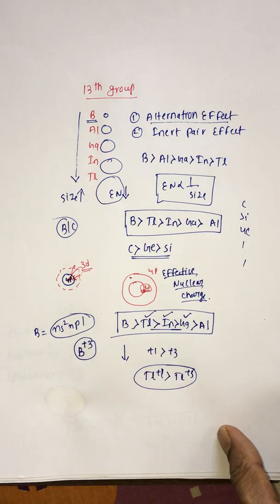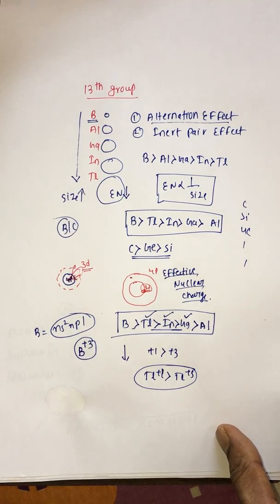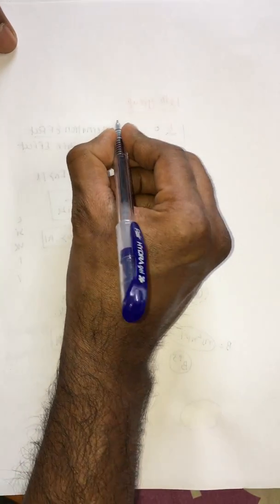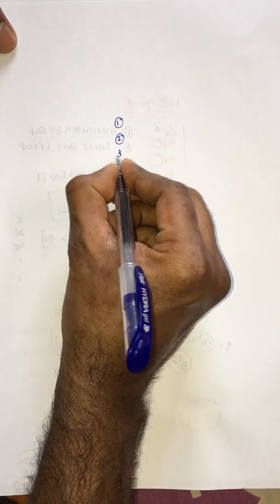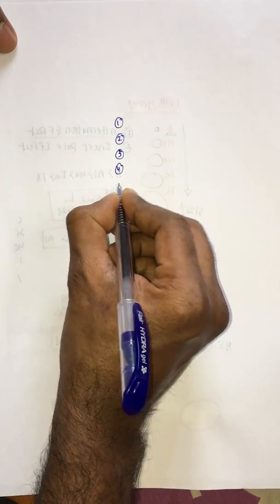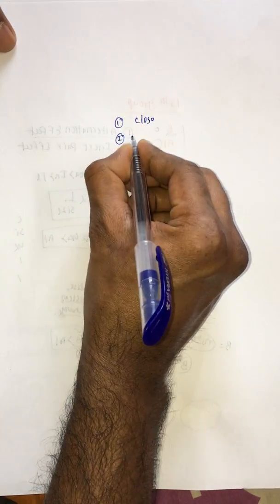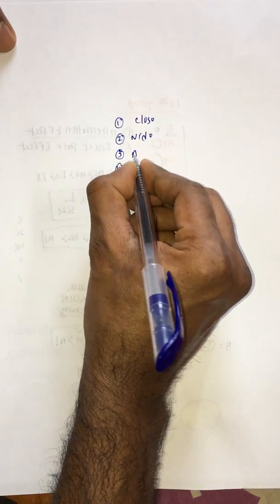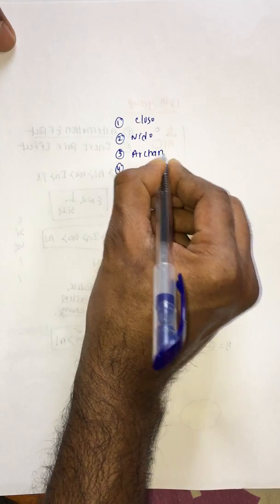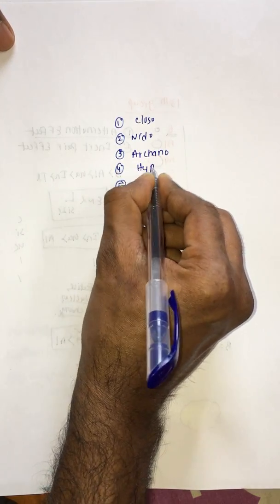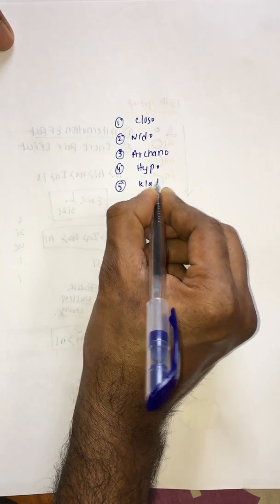Now we'll go to the boranes. The classification of boranes is very important. We have classified the boranes into 5 classes: closo, nido, arachno, hypo, and clado.